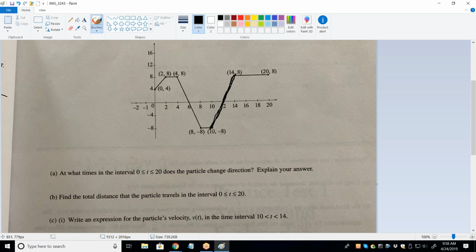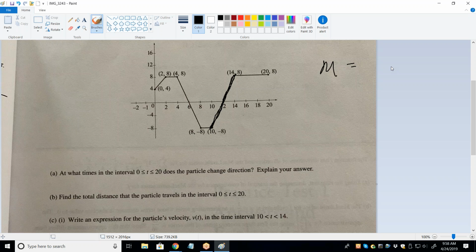Well, I think we just need an equation of that straight line. Okay. So, slope is, there you go. Slope is y1 minus y2 over x1 minus x2.